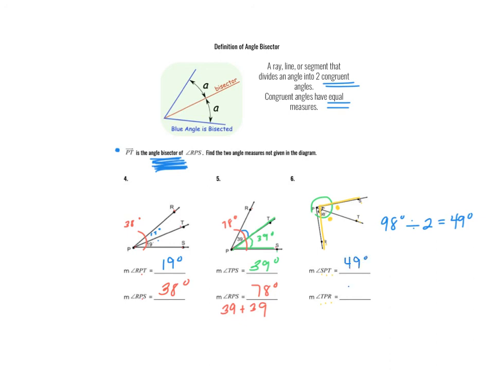They have to be at the same measure because they are the parts again. So we have 49 degrees for this part and 49 degrees for this part. And according to the angle addition postulate, that makes sense. 49 plus 49 must add up to 98. So that's the lesson on angle addition postulate and angle bisectors with numbers only.